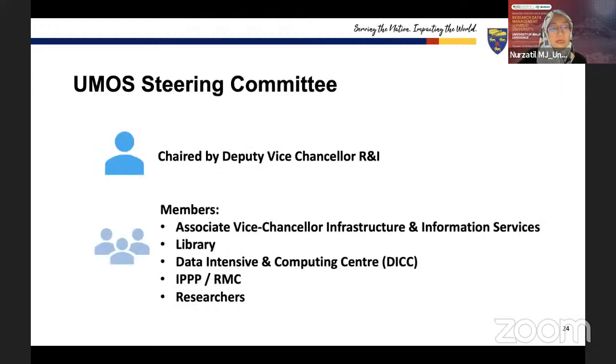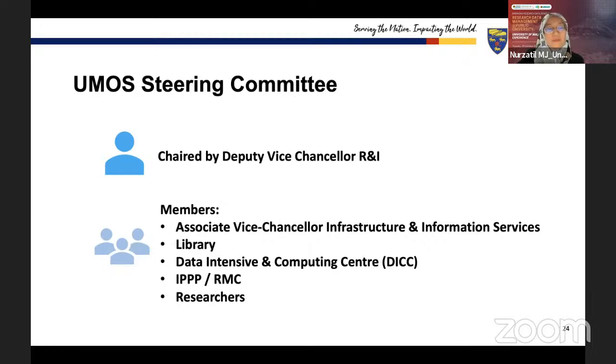We are very fortunate that our members are key representatives from very important roles in an RDM or open science ecosystem. So we have the Associate Vice Chancellor for Infrastructure and Information Services, whose portfolio handles the IT, and even the library as well.